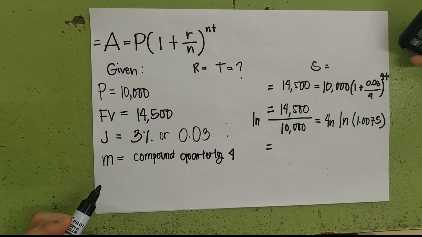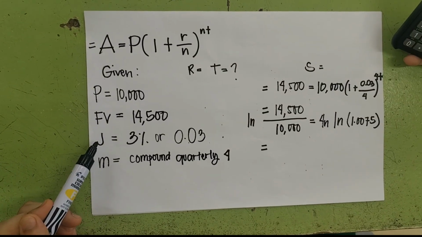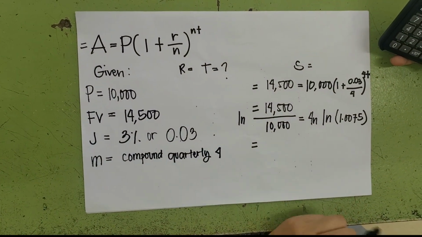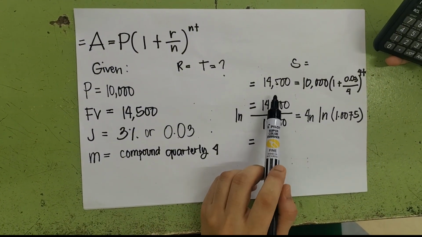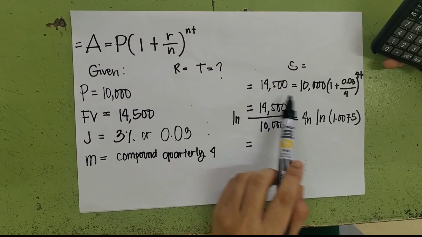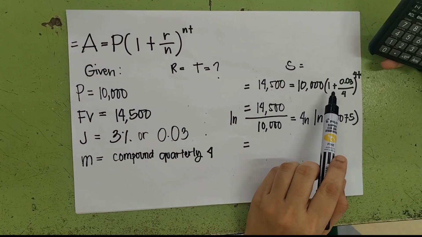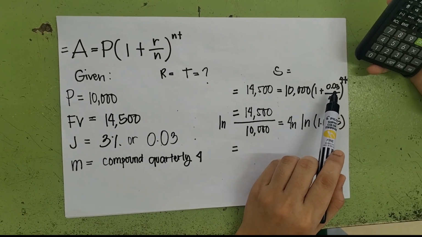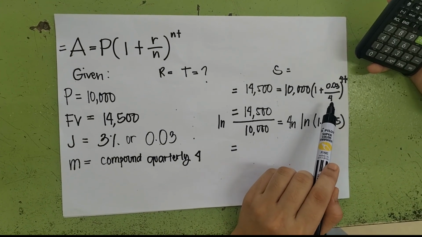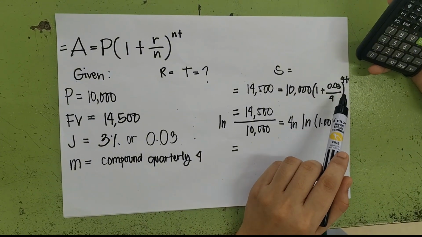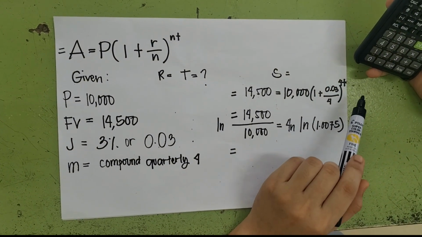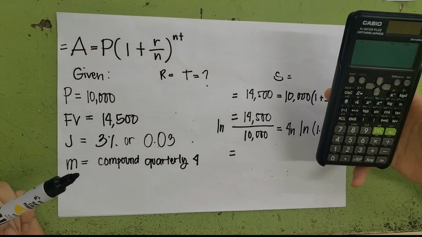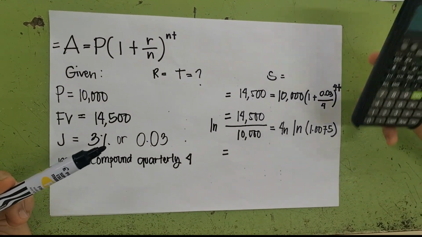So, upon solving, we get all of the values of the variables and plug them into our formula. In our future value, we have 14,500, and the principal is 10,000, and the constant 1 inside the parentheses added to the rate, which is 0.03, divided by the compounding quarterly, which is 4, raised to the 4t. In solving this, you need your scientific calculator or the calculator in your phone.